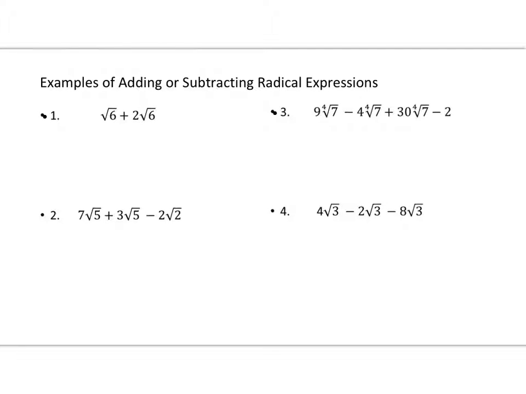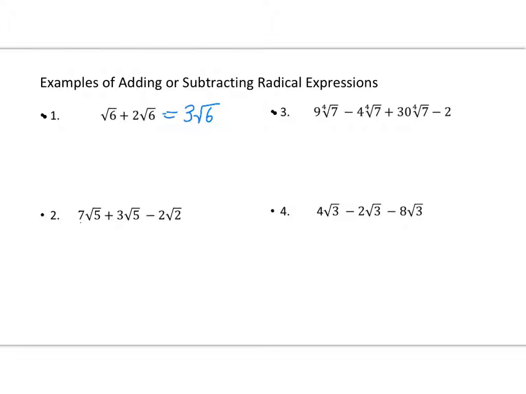So here are some of the examples that we have. Number 1 is the square root of 6 plus 2 times the square root of 6. And you notice in this particular case it's just going to be 3 square root of 6, right? Because I just add 1 plus 2, and that's just 3. For number 2, down here at the bottom, we have 7 square root of 5 plus 3 square root of 5 minus 2 square root of 2.